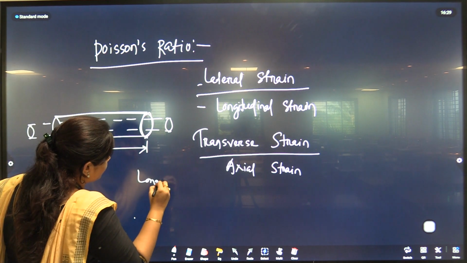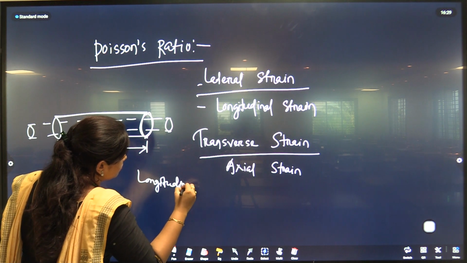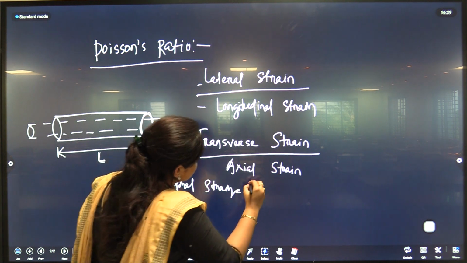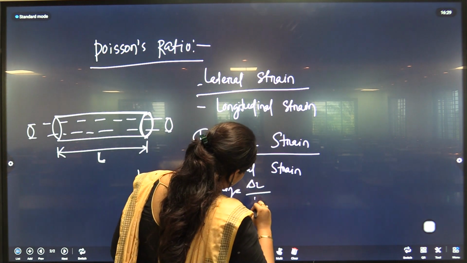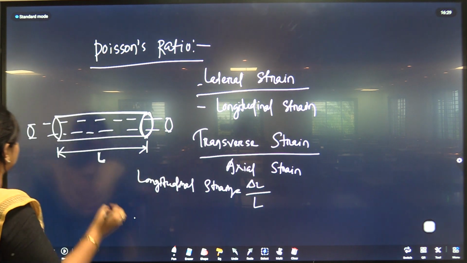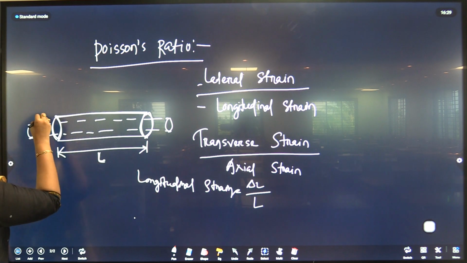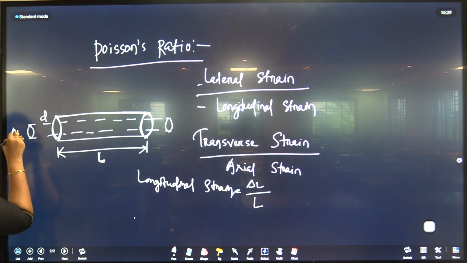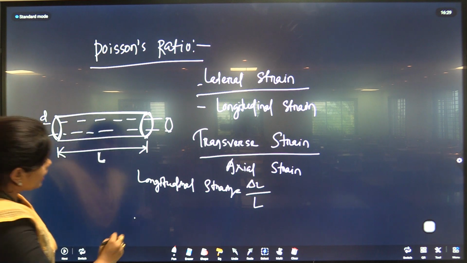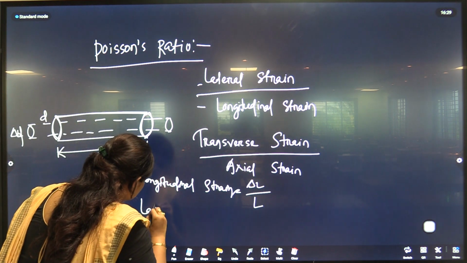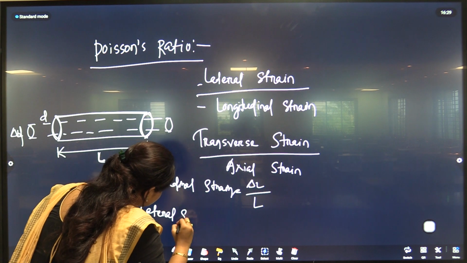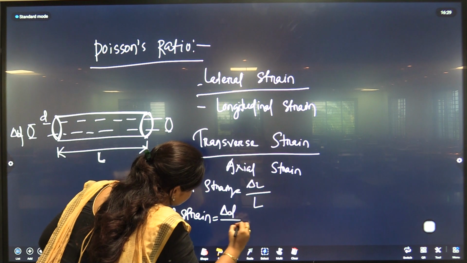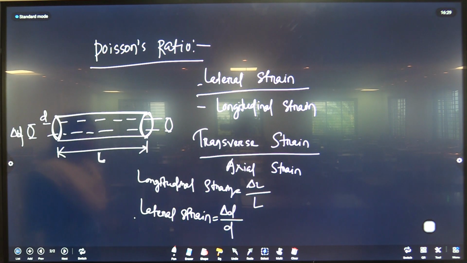So, longitudinal strain is equal to change in length divided by total length, and here the diameter is d. The change in diameter is del d. By that, lateral strain will be del d by d.